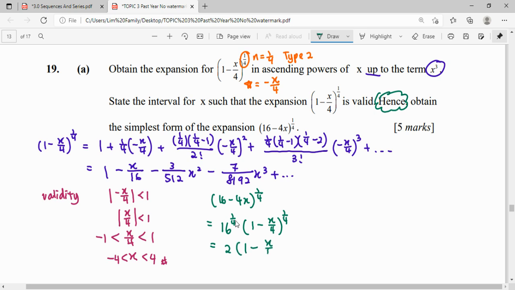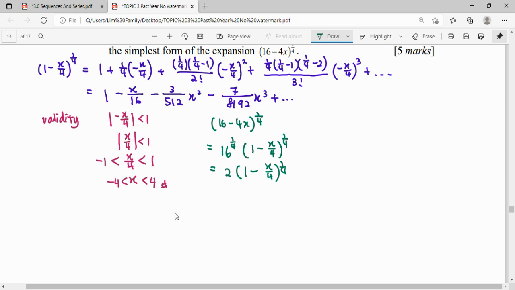So this is another form of 16 minus 4x power 1 over 4. We will use this to expand. Therefore, 16 minus 4x power 1 over 4 is equal to 2 times the expansion of 1 minus x over 4 power 1 over 4.